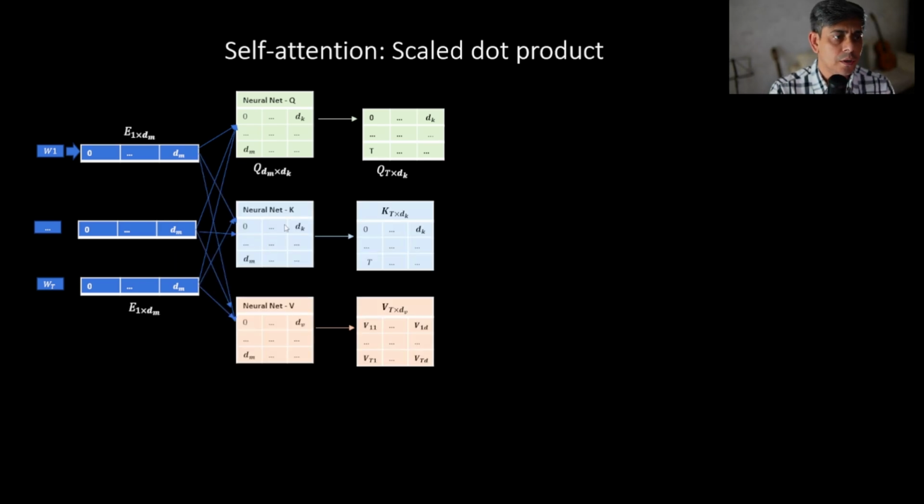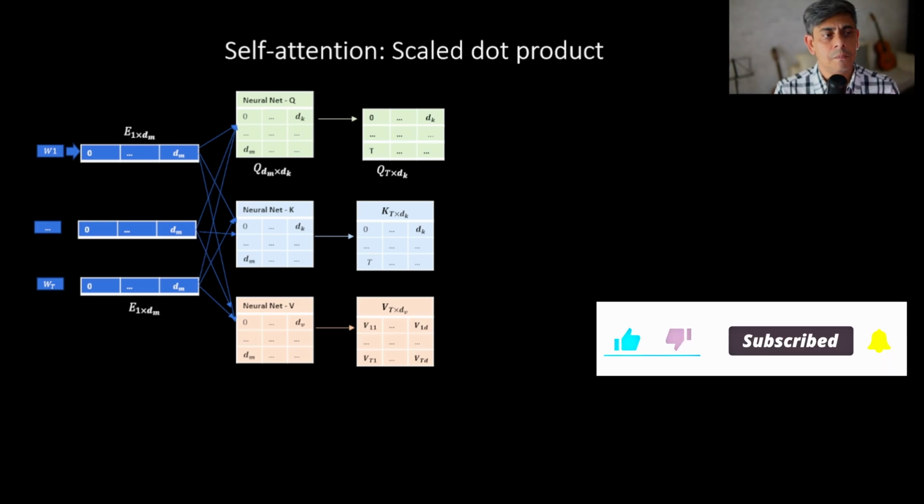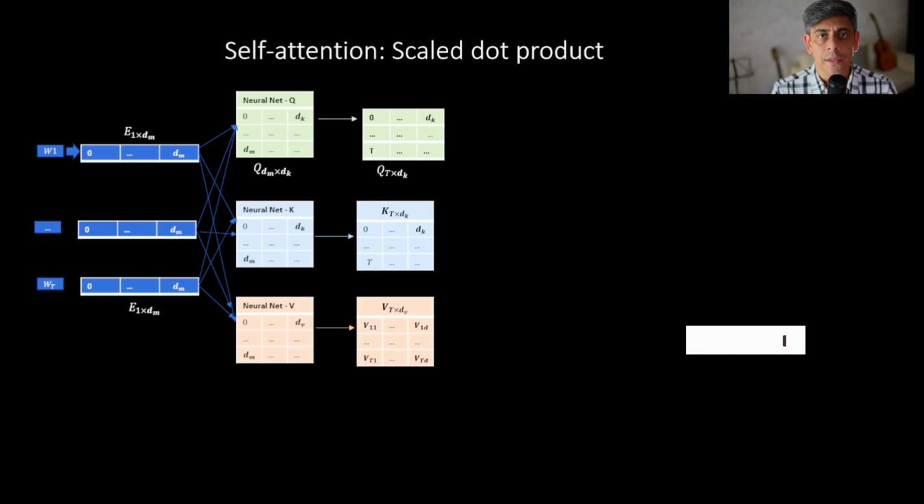Using the same words, we create two more neural networks. One is for K, the key, and the other for the values. So for each one of them we will have one such matrix produced. This QKV was very similar to what we had learned in Bahdanau attention or the Luong attention.